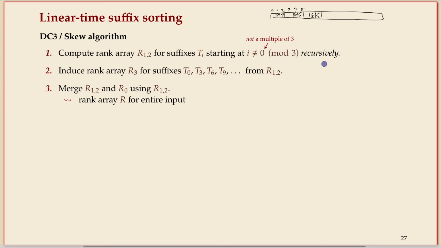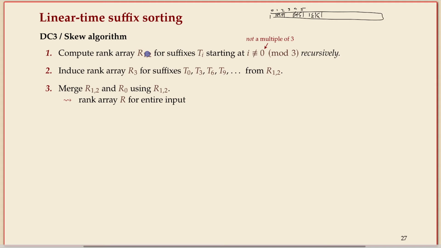These we sort recursively, and we'll show in a second why this is fast enough. For now, I'll just throw these steps at you. For each and every one of these steps, there will be more details later. Okay, this is just a big overview for now. The second step is all the suffixes we left out, those that start at multiples of 3. We still have to sort them somehow, and we can infer their order from these ones that start at positions 1, 2, modulo 3.